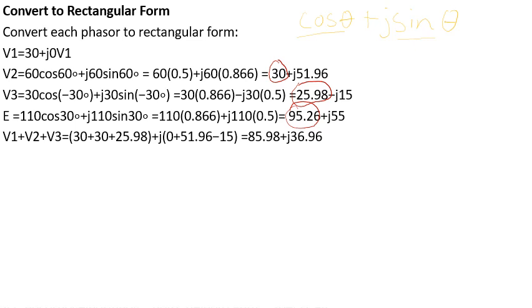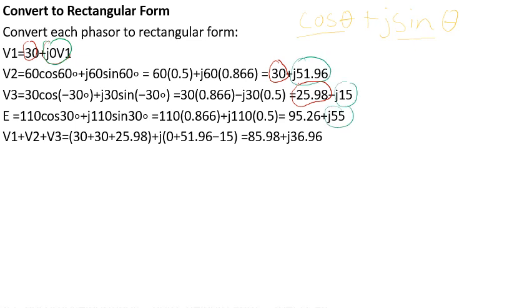After getting these answers, we now also add the complex part. Let me use a different color to denote it. This is the complex part, in green. We'll add the complex parts too.